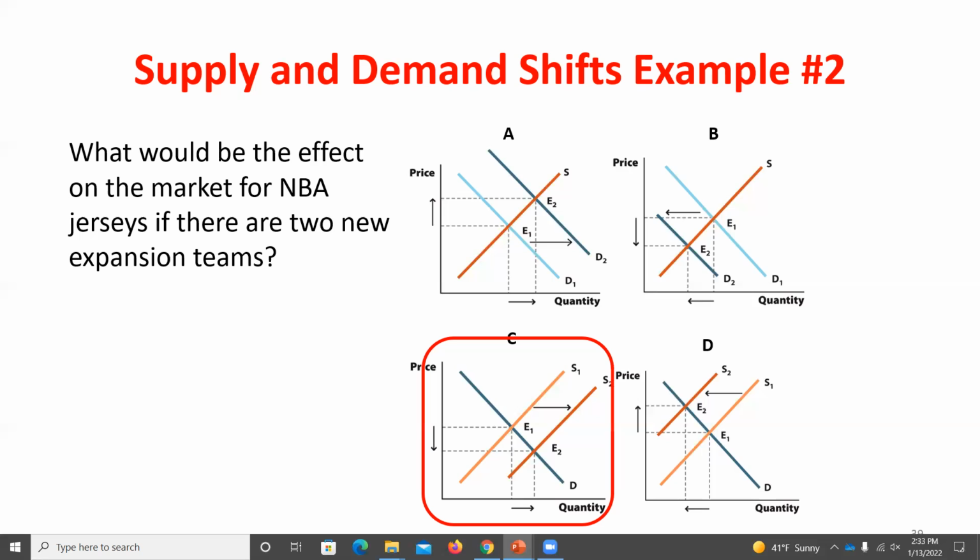Yep. So if I'm a league thinking about new expansion teams, I probably want to go to an area that doesn't have a close substitute. There isn't already a team near that existing area.